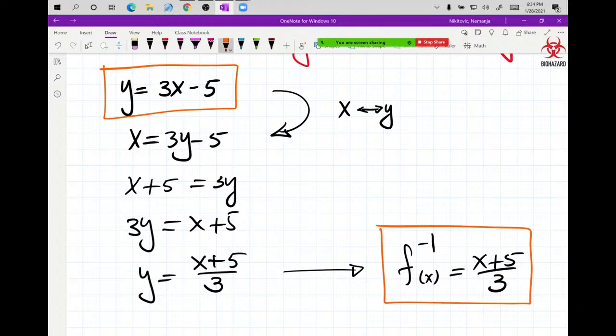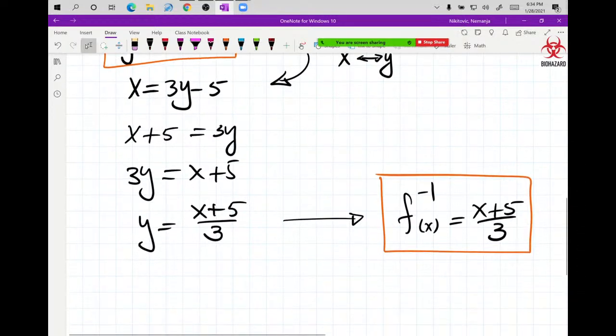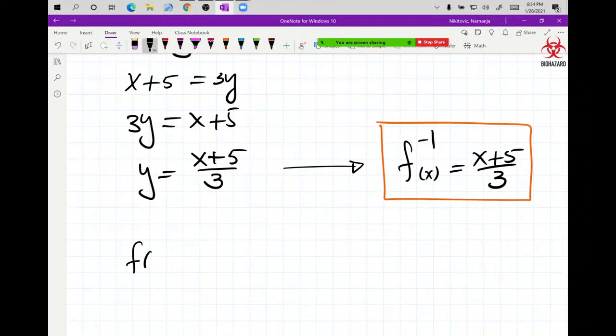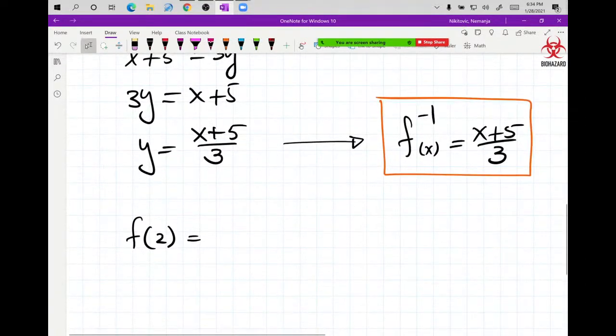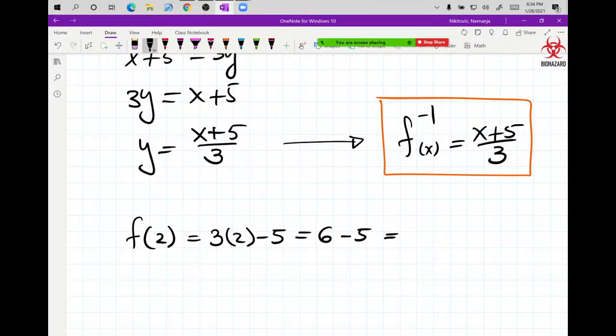Now, let's test this. How much is f of 2? Well, it's going to be 3 times 2 minus 5, which is 6 minus 5, which is 1. Bueno.